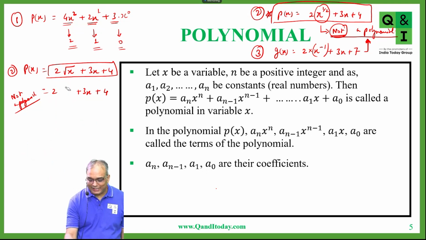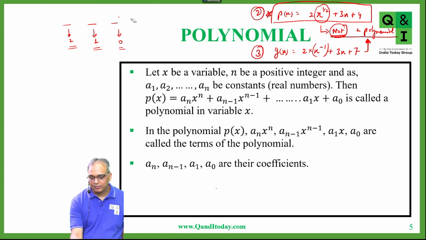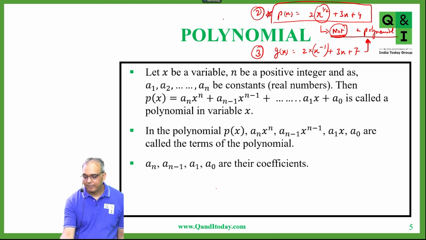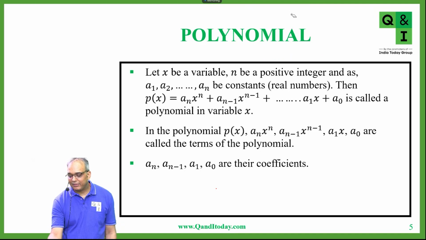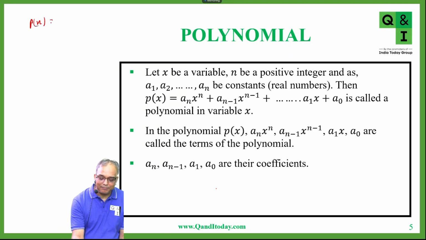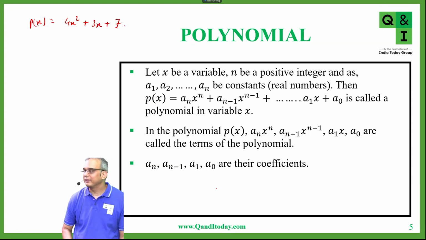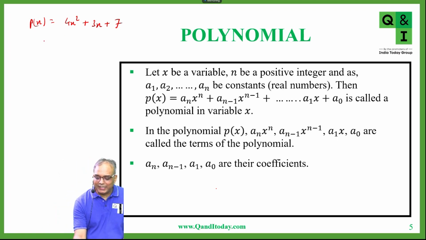Now let us understand the coefficients of a polynomial. We'll take a few examples, and in each example, we'll see the coefficient of all the terms. So let's say the first example, p of x is 4x square plus 3x plus 7, right? In this polynomial, we have three terms.